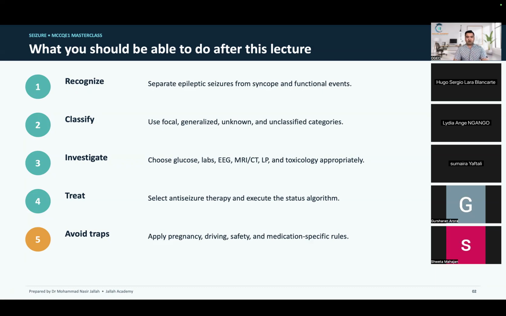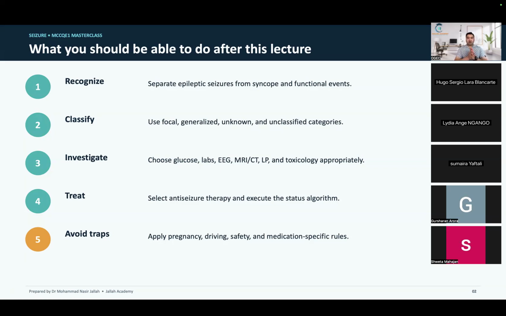So what should you be able to get from this lecture? Recognize epilepsy from a seizure, classify the focal, generalized, unknown, and unclassified categories, and investigate somebody who has a seizure, like the glucose, the labs, EEG, MRI, CT, LP, and toxicology appropriately.